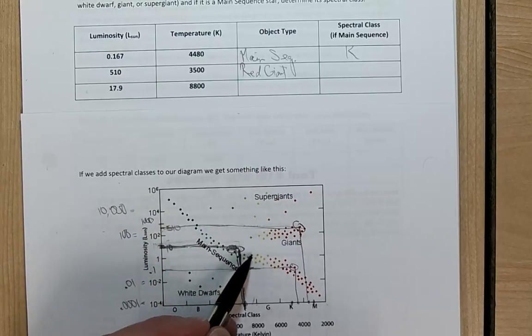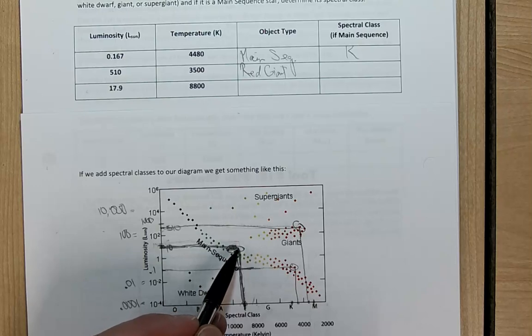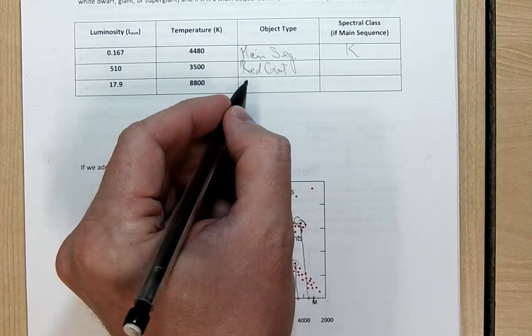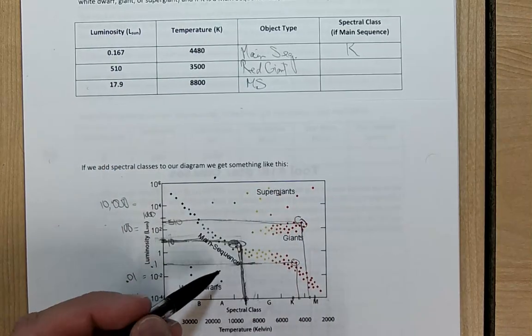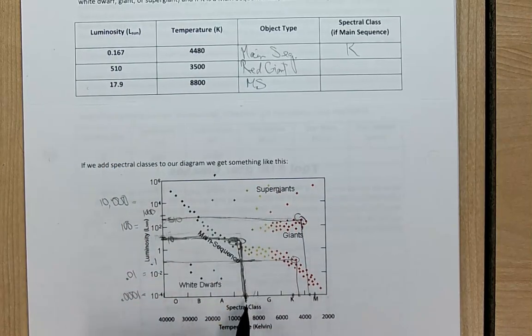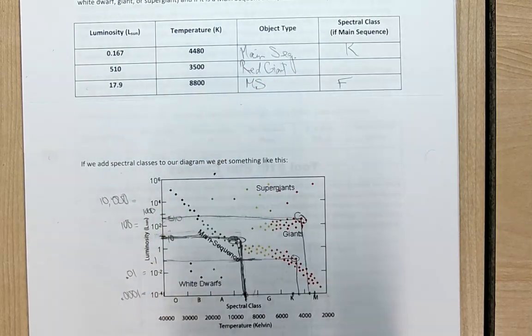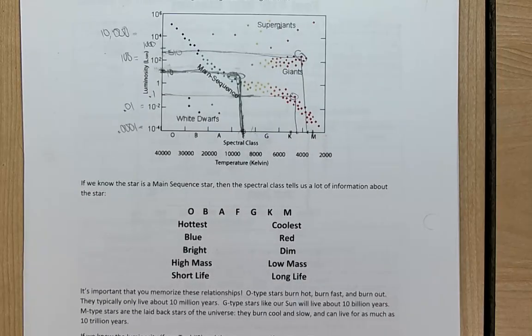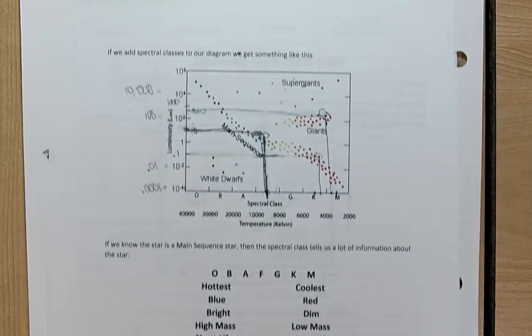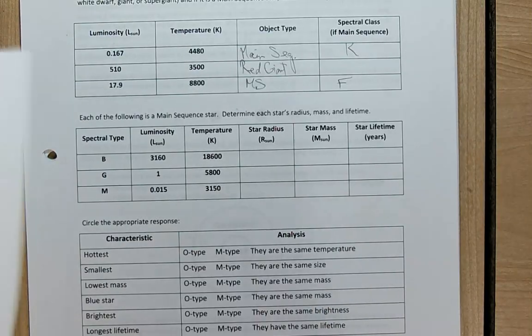So still close to the main sequence, but getting close to the edge. But yeah, still a main sequence star. What's the spectral class? Well, that's pretty much smack dab in the F-type range. Okay. All right.